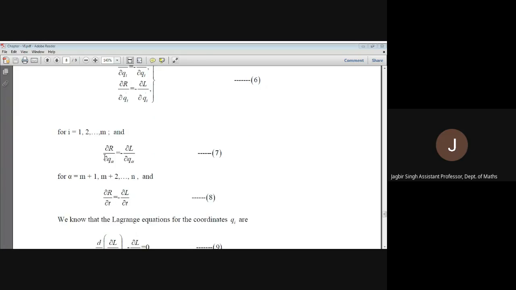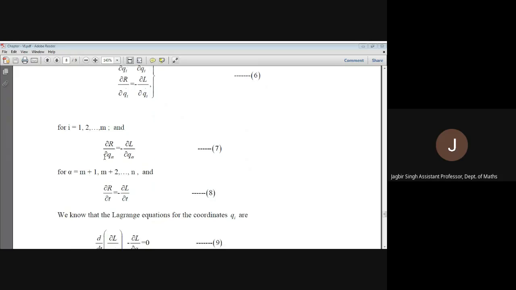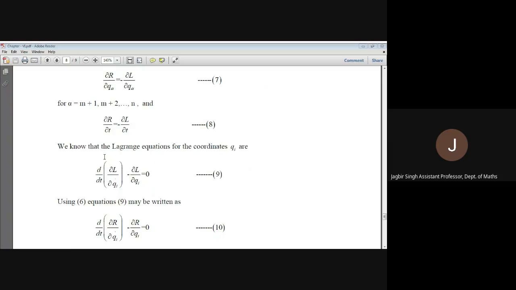And curly R by curly t will be equal to minus curly L by curly t. Further, we know that the Lagrange equation for potential forces was d by dt of curly L by curly qi dot minus curly L by curly qi is equal to 0. Now replacing the values of curly L by curly qi dot and curly L by curly qi, we will obtain d by dt of curly R by curly qi dot minus curly R by curly qi is equal to 0.